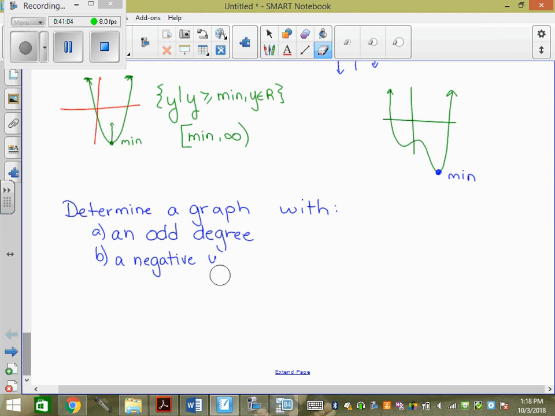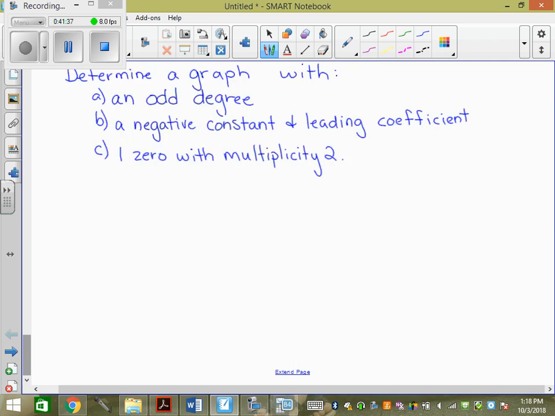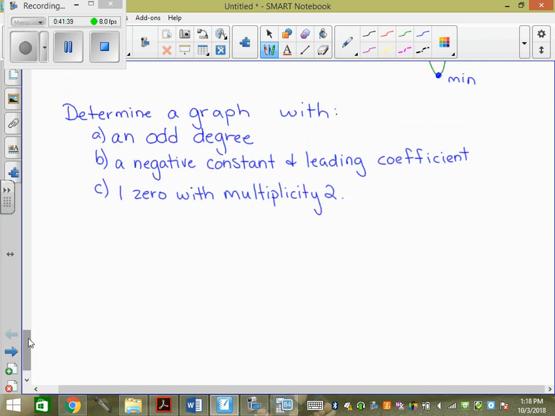No, they wouldn't probably even say y-intercept because that's too nice. A negative constant, maybe they would. And a negative leading coefficient. One, 0, with multiplicity 2. Written response.